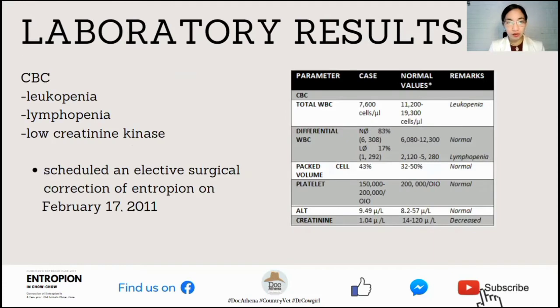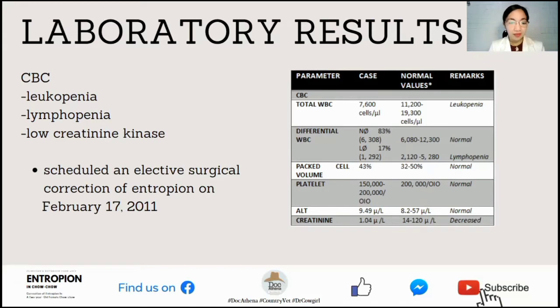For the laboratory results of the pre-op evaluation, CBC results showed leukopenia with 7,600 cells per microliter for total WBC, with lymphopenia. PCV or HCT as well as the platelet were both normal.